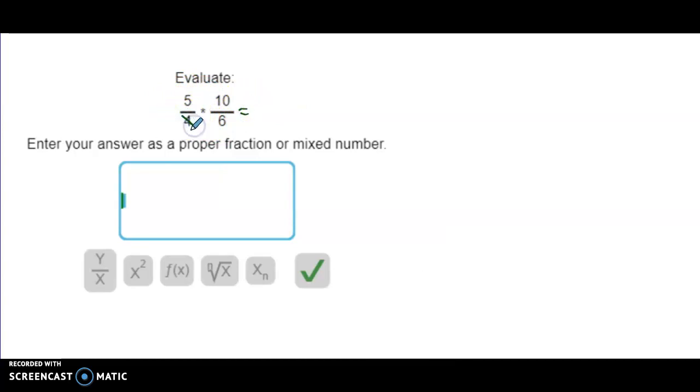These are both divisible by 2, one numerator, one denominator, and that leaves me 25. And you just multiply the numerators, multiply the denominators, 25 twelfths. It's an improper fraction, which Get More Math will not accept. So on your scratch paper, 25 divided by 12.